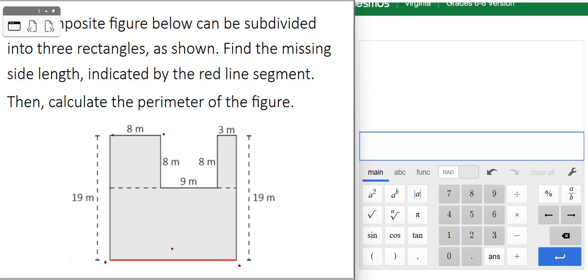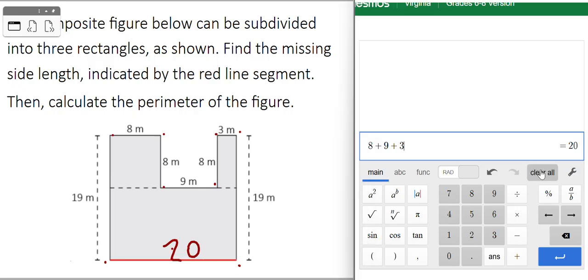This piece is horizontal, this piece is horizontal, and this piece is horizontal. And if you look at those 3 pieces, you can tell if you add them up, the 8, the 9, and the 3, that means the red side is 20.